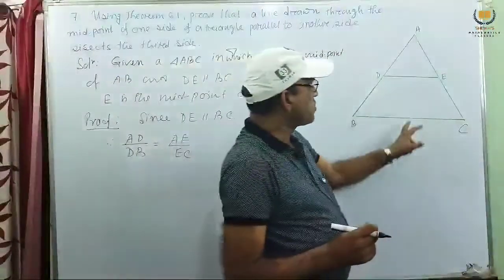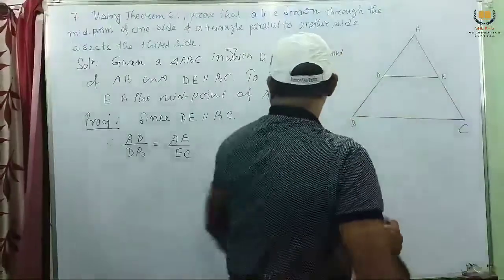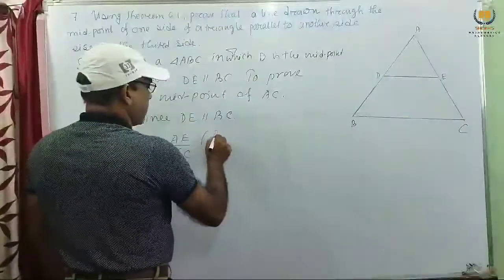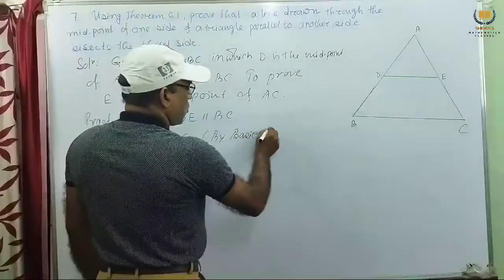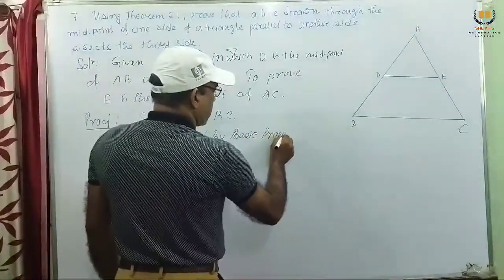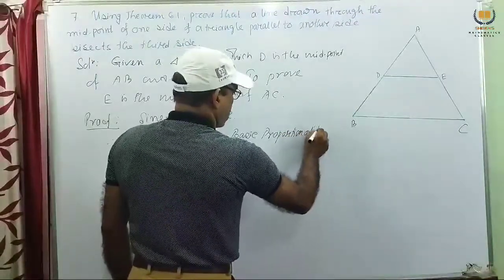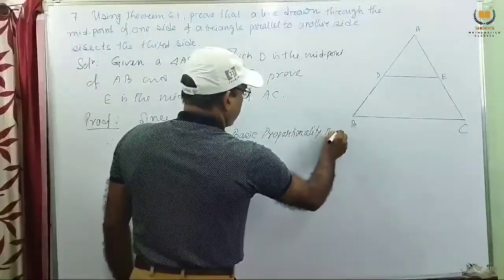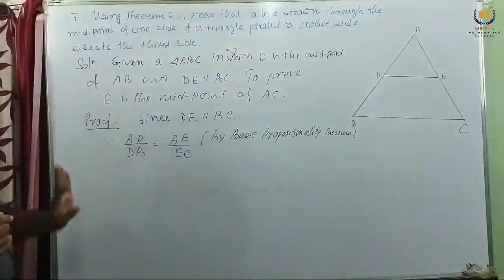So if these two sides are parallel, then this by this equals this by this, by the basic proportionality theorem.